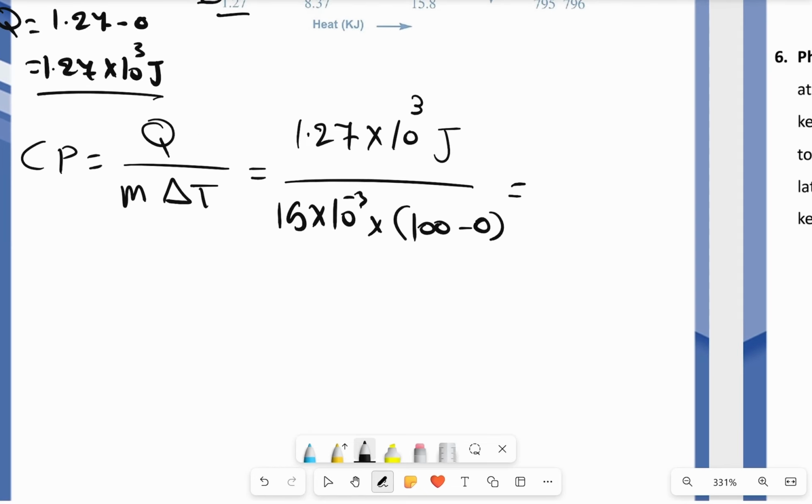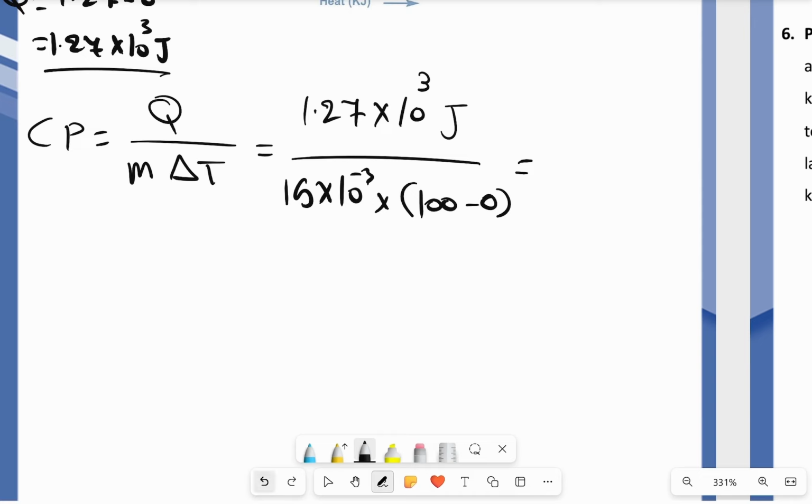Subtract all of this, divide all of this, and you should get 846 joule per kilogram per Celsius. This is C.